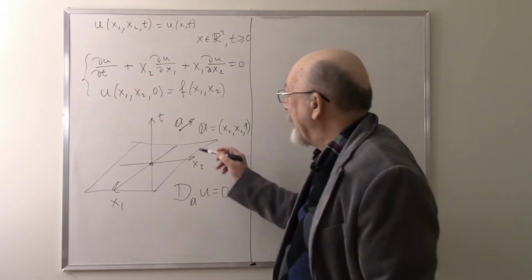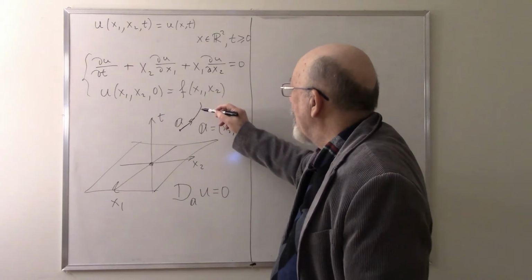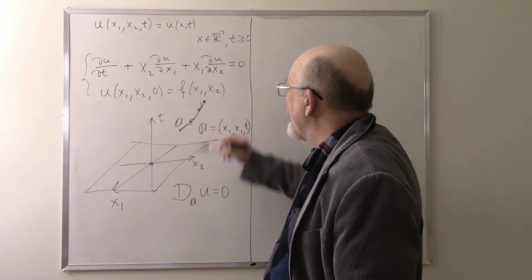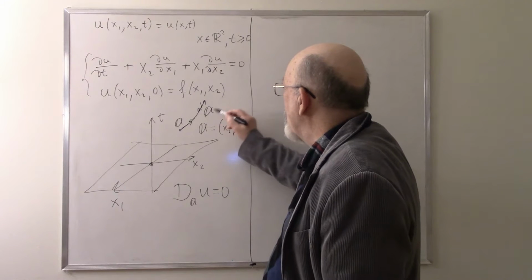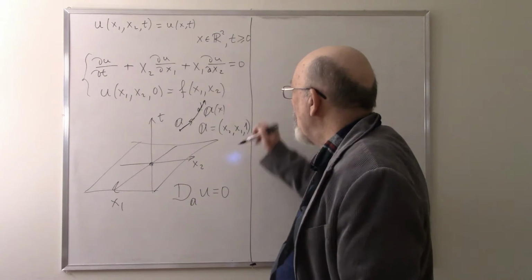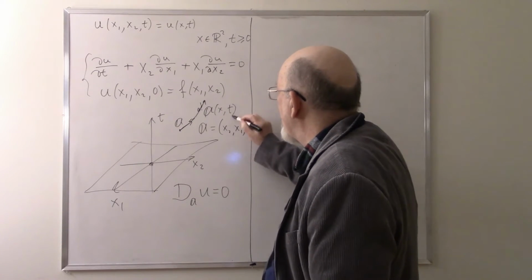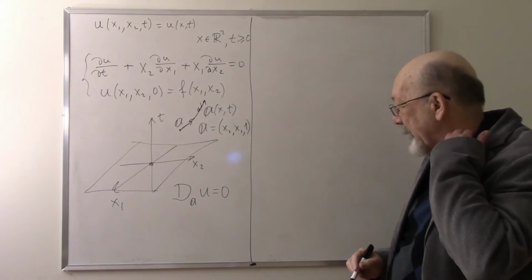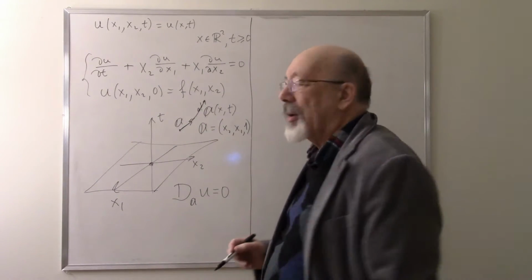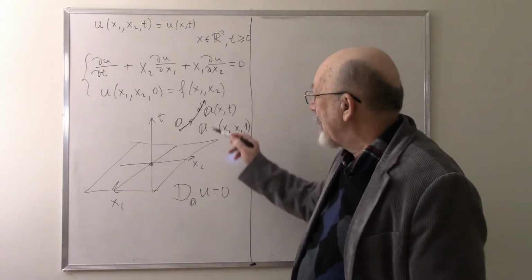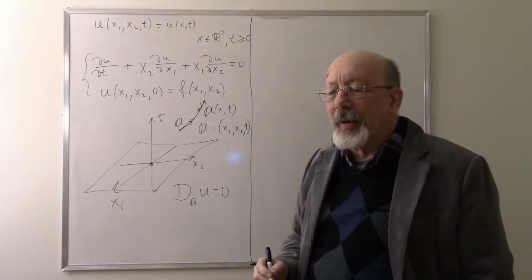So we have to find the curves such that at every point its tangent vector is a at this point, a of x, t. No, it does not depend on t. This means that we can anyway write it. And so we have to find the integral curve of this vector field. A is a vector field in the xt space.